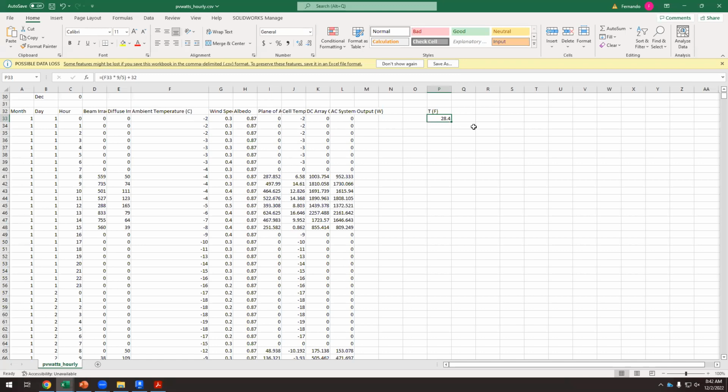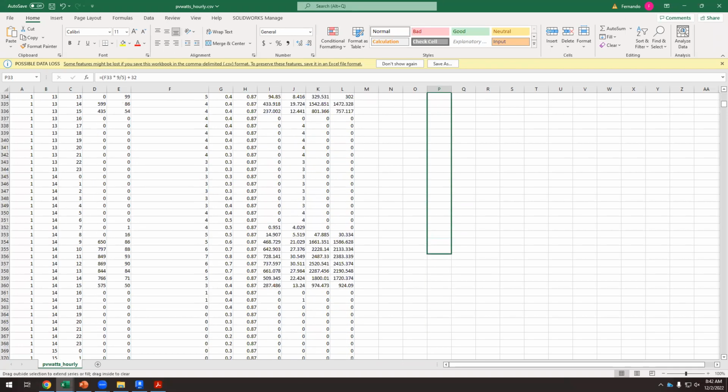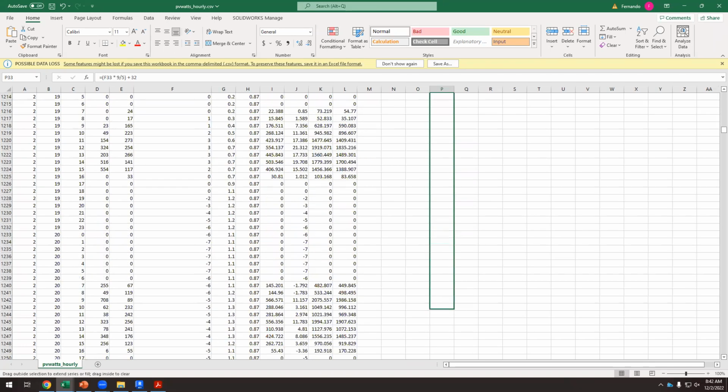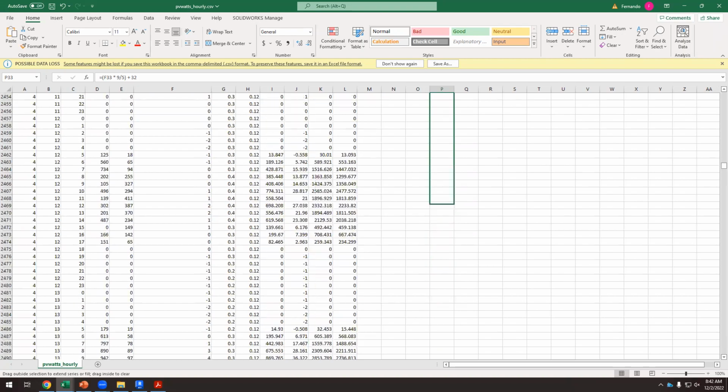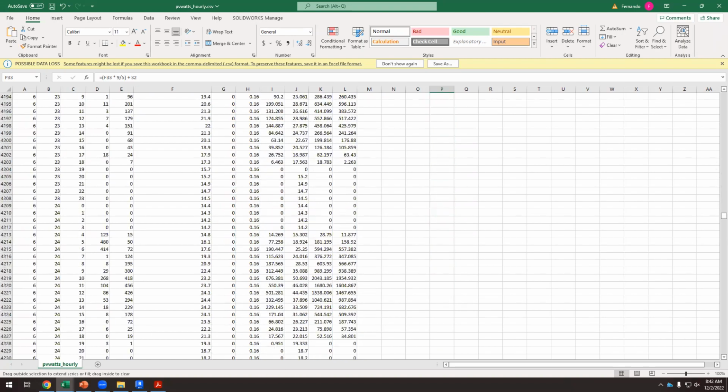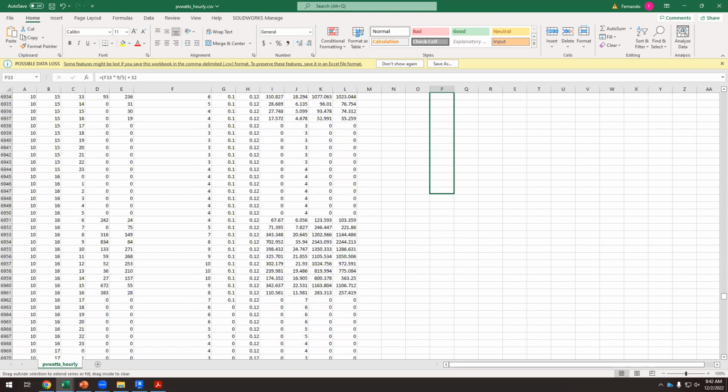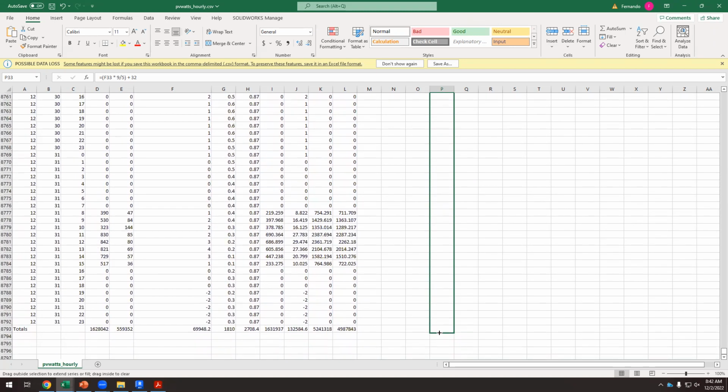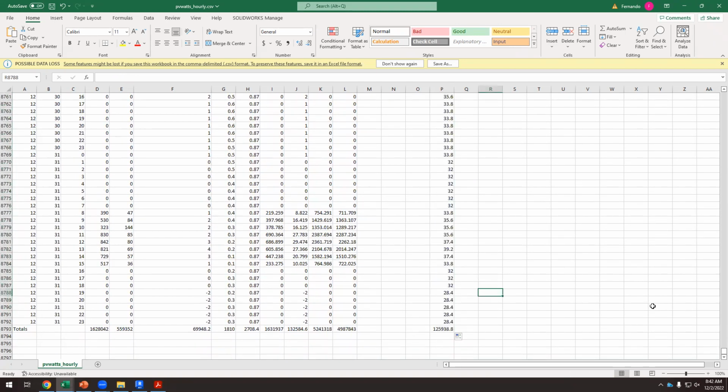So now -2 Celsius is 28 Fahrenheit. And then if I go all the way down, I have the Fahrenheit temperature throughout the year.